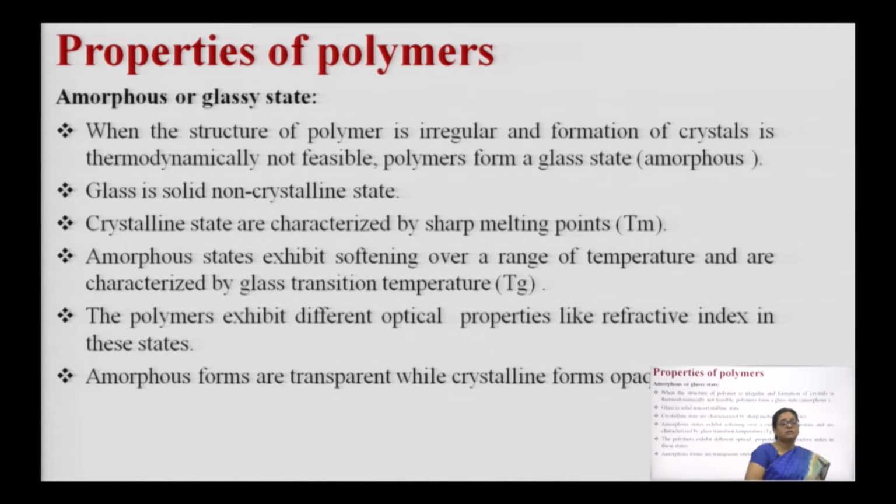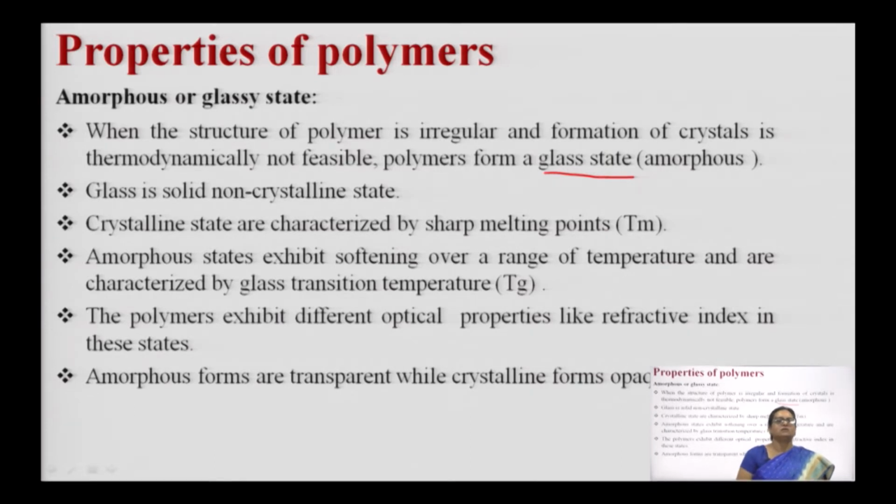The amorphous state in polymers is also referred to as the glassy state. When the structure of the polymer is irregular and formation of crystals is thermodynamically not feasible, then the polymer acquires a state called the glassy state, a solid without a crystalline structure.